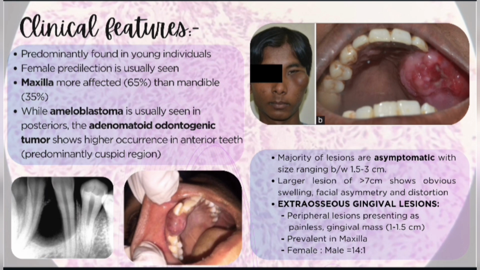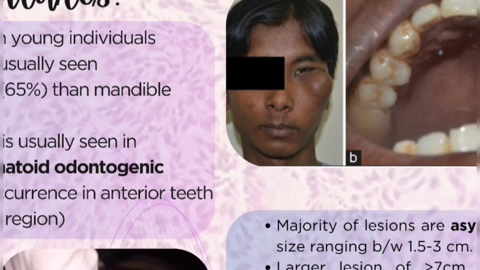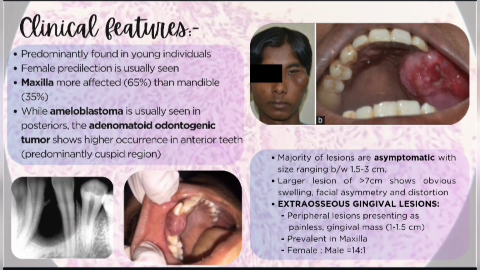So the majority of lesions are small and asymptomatic, but there are findings of larger lesions of more than 7 centimeters that show obvious swelling and facial asymmetry, as we can see in this picture. Along with that, distortion of the teeth, face and other facial structures can also be seen.